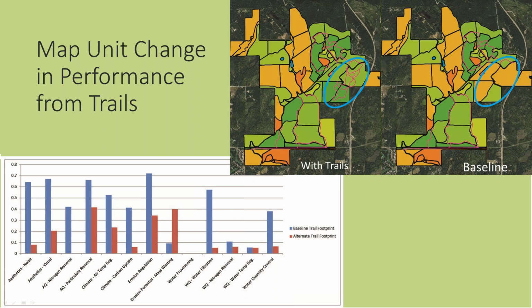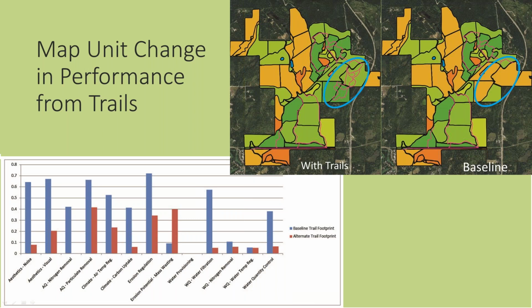And you can do as many scenarios as you want and start to see what the outcomes are. What is the trade-off I'm going to see in terms of ecosystem service performance, and what's that level of performance that I can anticipate?